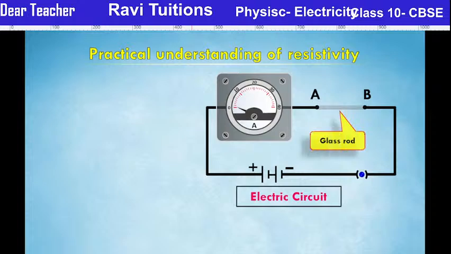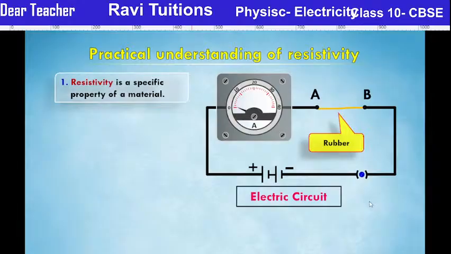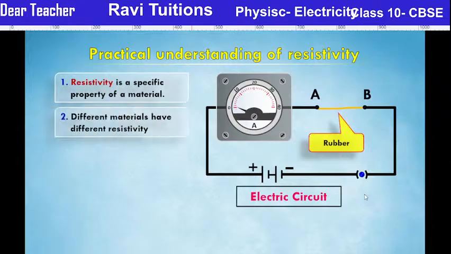Next, glass rod, rubber: if you put rubber or a glass rod, they are non-conductors. So what happened? No current is produced. So resistivity is a specific property of the material. Different materials have different resistivity.